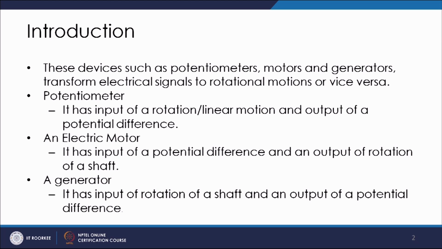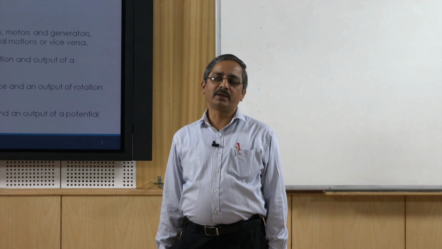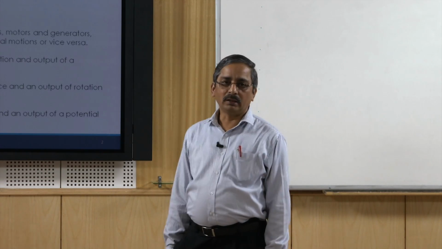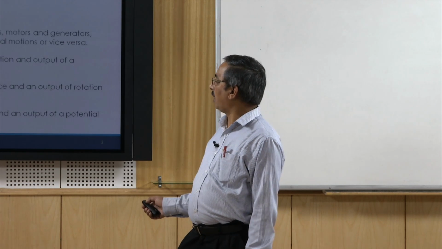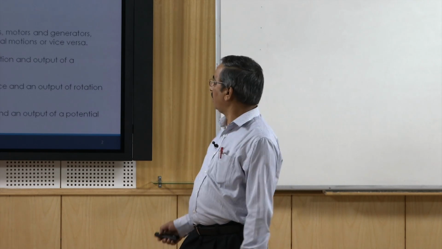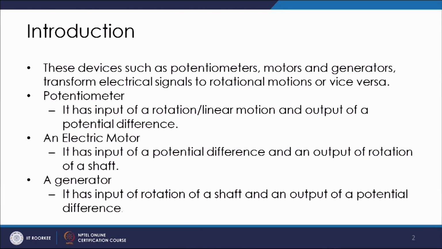The potentiometer, for example, could be a rotary potentiometer or a linear potentiometer, and it has input of rotation or linear motion and output of a potential difference. So, here also we have the mechanical and electrical system being combined.